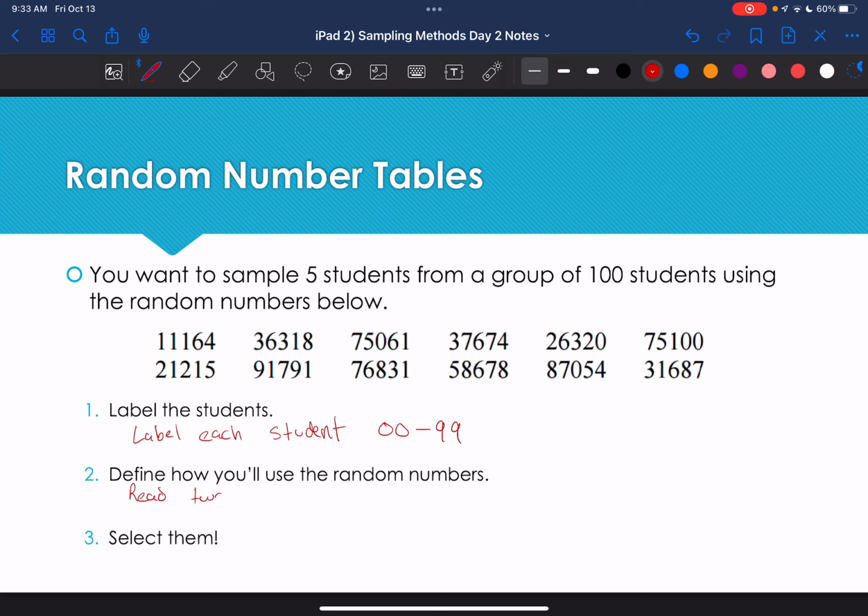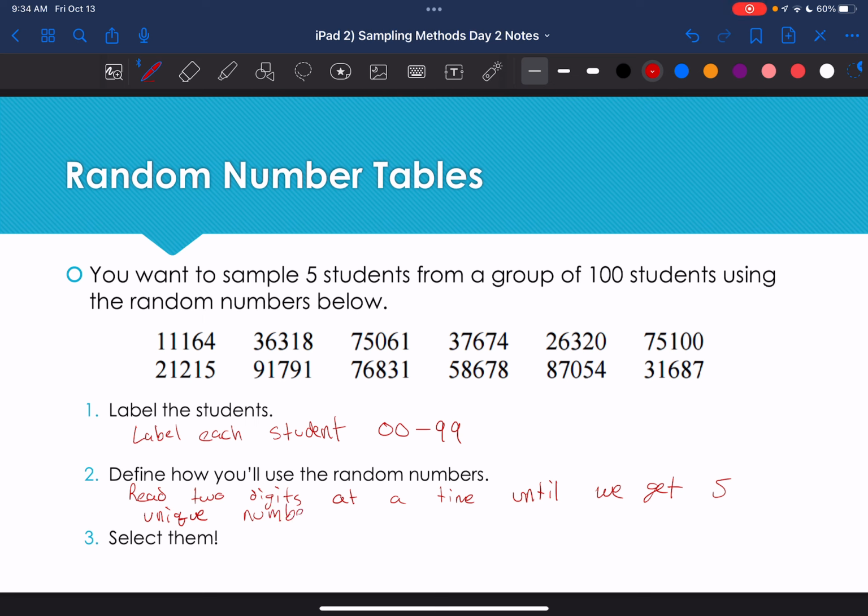Read 2 digits at a time until we get 5 unique numbers.